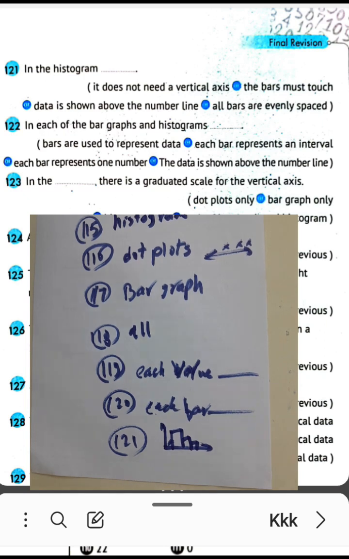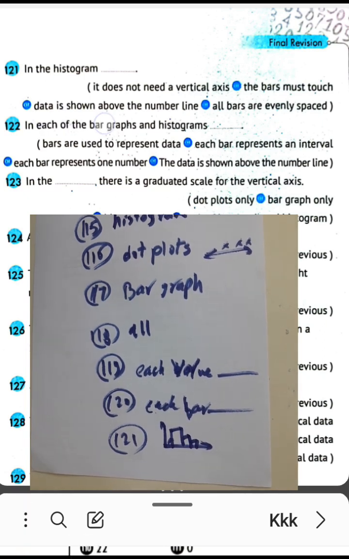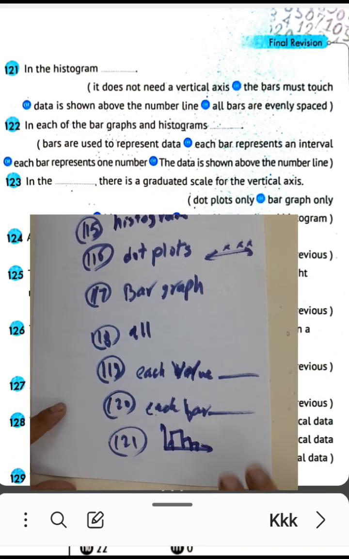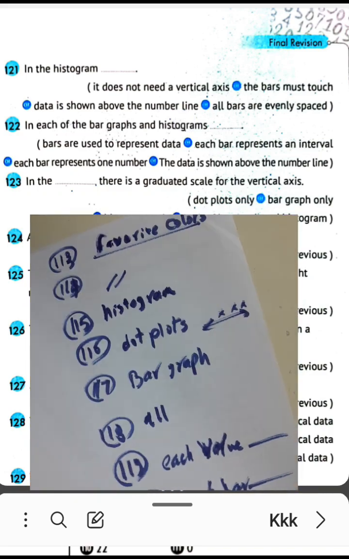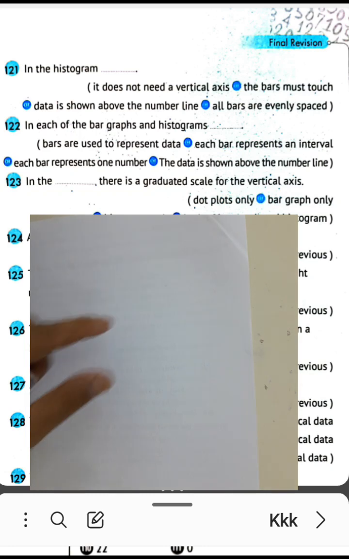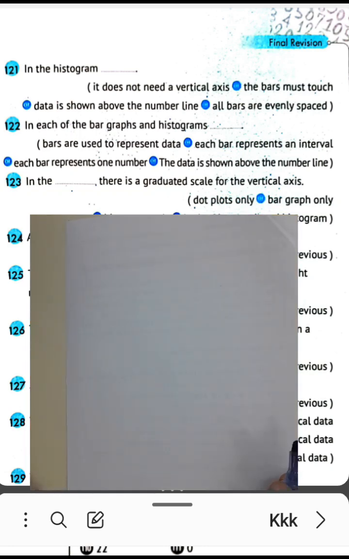Question 122, in each of bar graph and histogram, what is common between them? In question 122, bars are used to represent data. Choose bars are used to represent data.